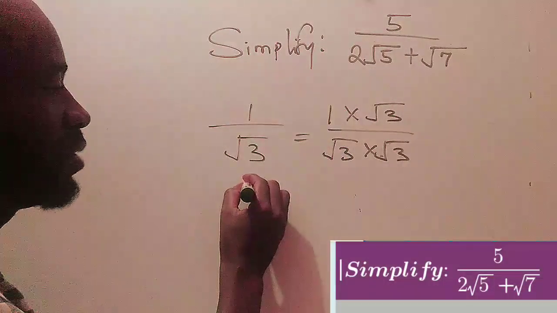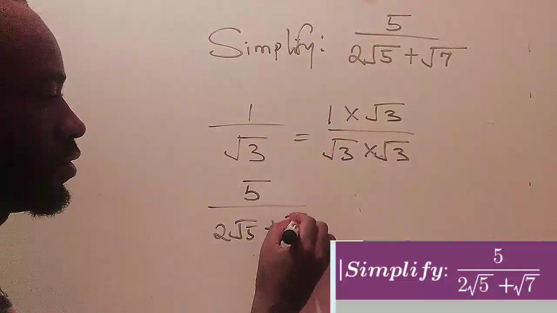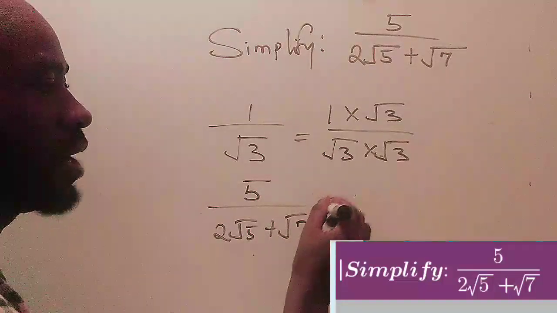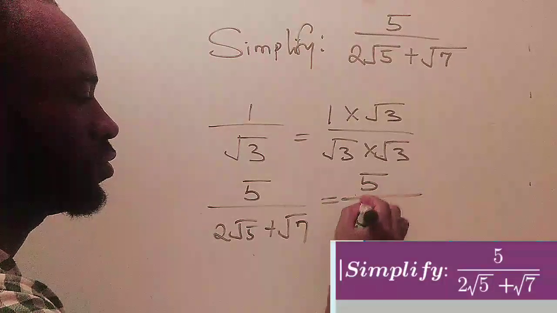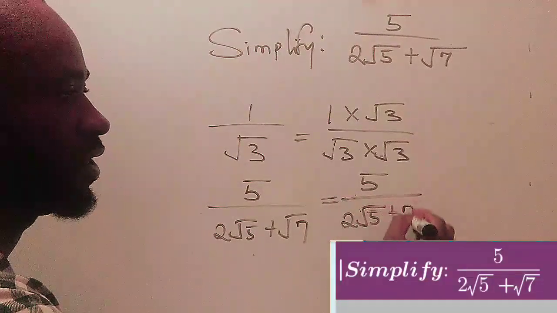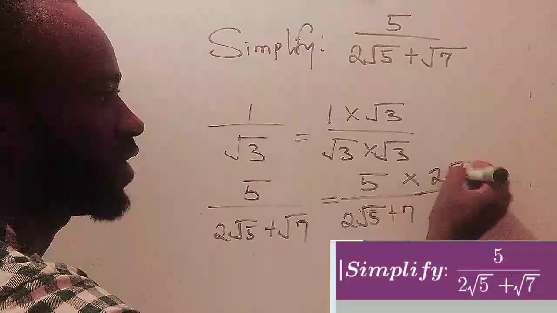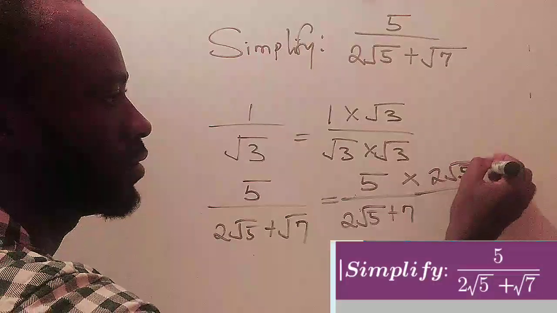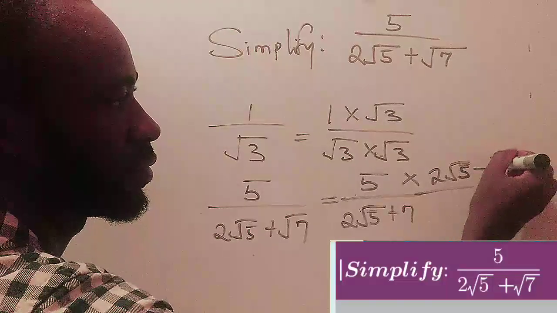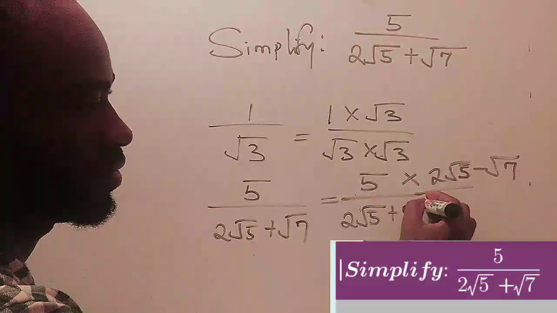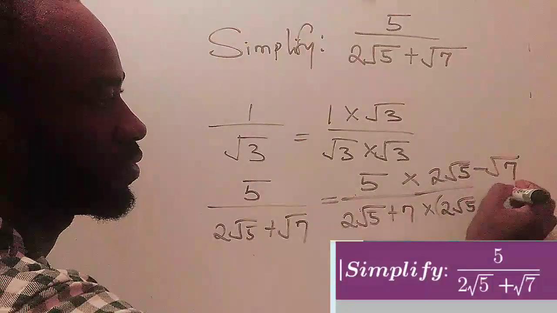So for this particular problem, we have 5 over 2 root 5 plus root 7. To rationalize this, I'm going to use the conjugate. I'm going to multiply the numerator by the conjugate, which is 2 root 5 minus root 7, and then I do the same thing: I multiply the denominator by the conjugate, 2 root 5 minus root 7.